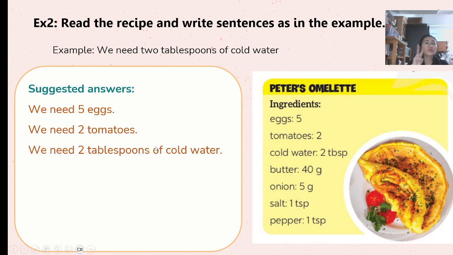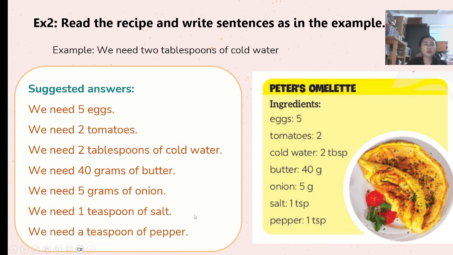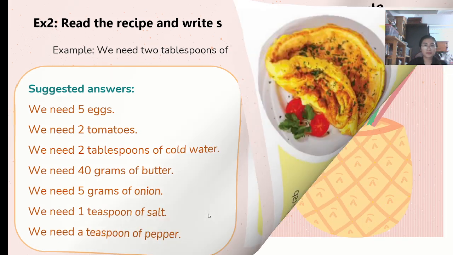We need 2 tablespoons of cold water. Similarly with butter, we need 40 grams of butter. Onion, we need 5 grams of onion. With salt, we need 1 teaspoon of salt. And pepper, we need 1 teaspoon of pepper.